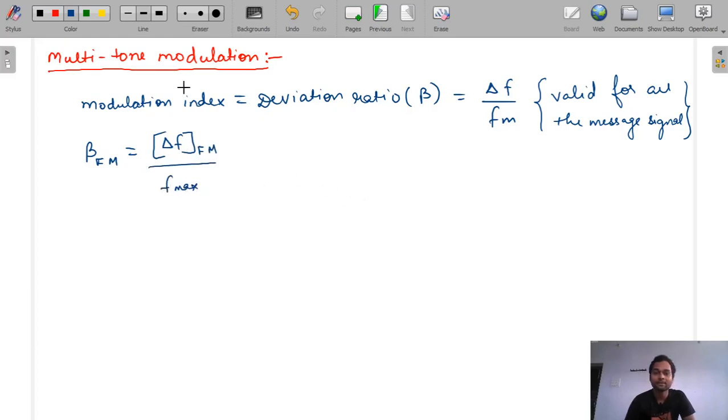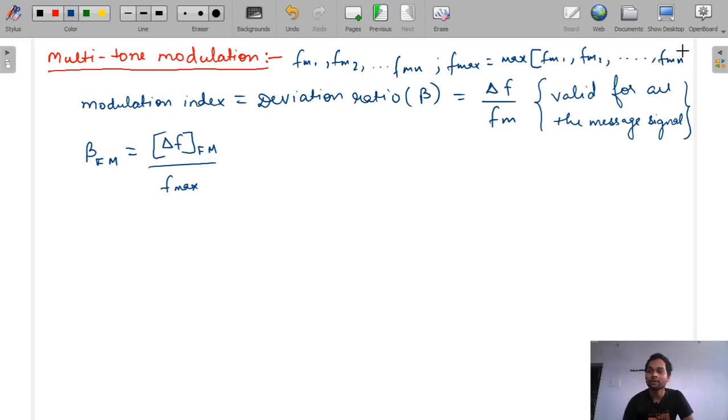What is f max? Let's suppose in multi-tone modulation, fm1, fm2 up to fmn are present. So our f max is equal to the maximum of fm1, fm2 up to fmn. So it is the maximum of all the frequency components present.